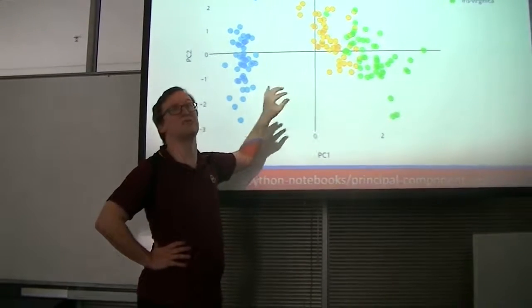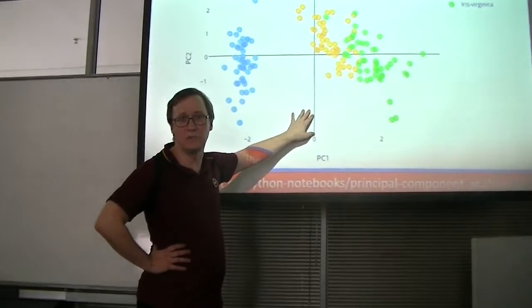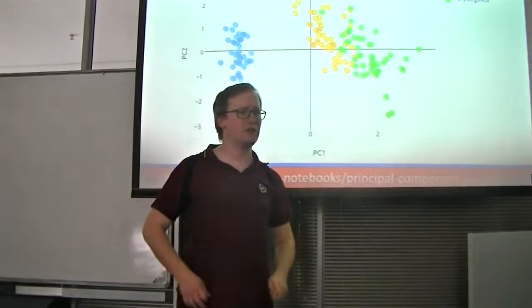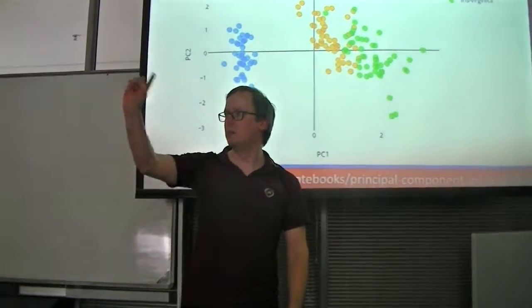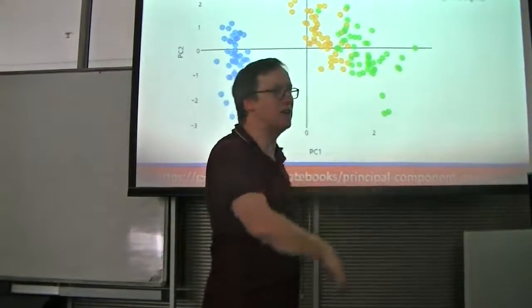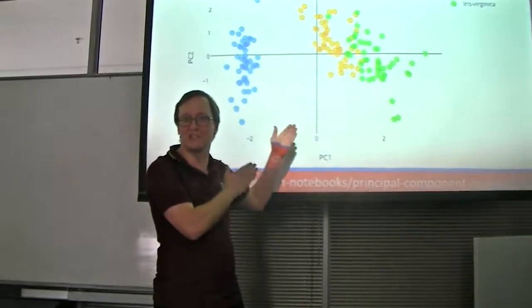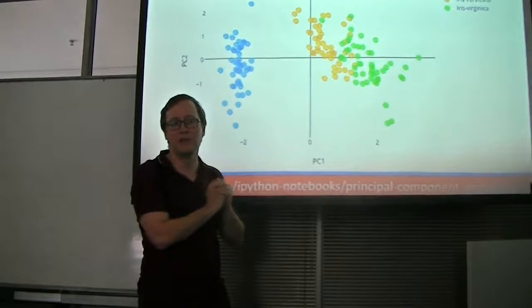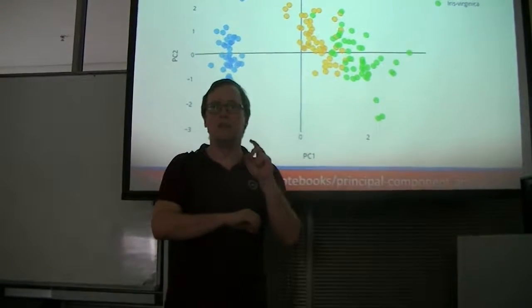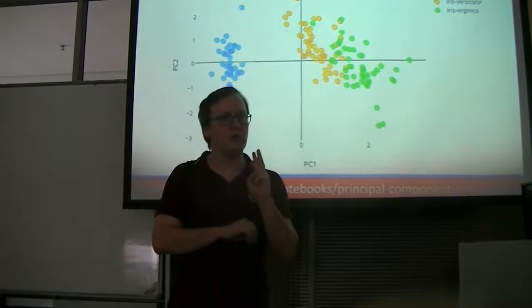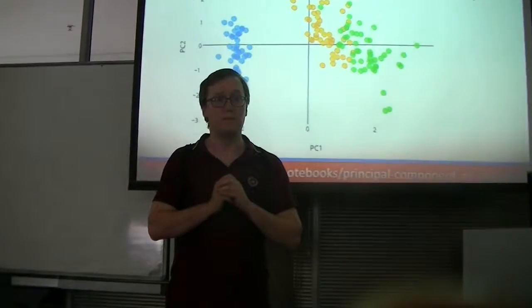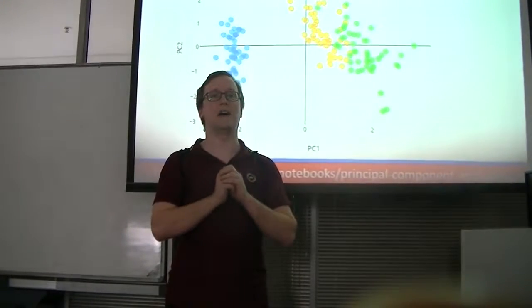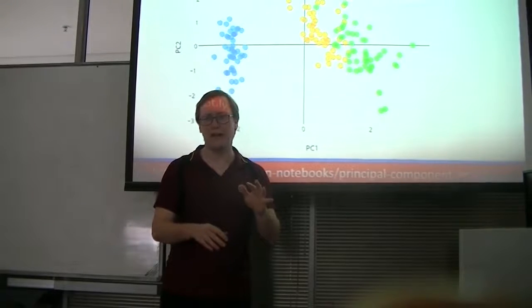This kind of plot is ridiculously common in principal components analysis. You'll walk through a poster hall and you'll see PCA, PCA, PCA, and almost all of them use this kind of 2D plotting strategy. Does that mean that two components are all you need to explain variability in your data? No, it does not. And I want to try and explain why.